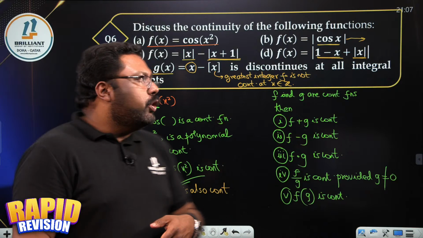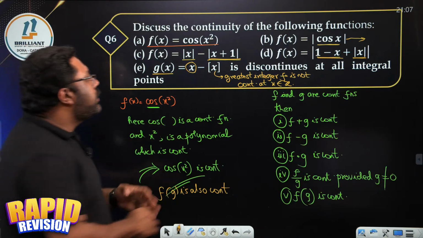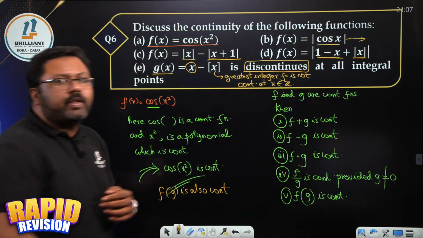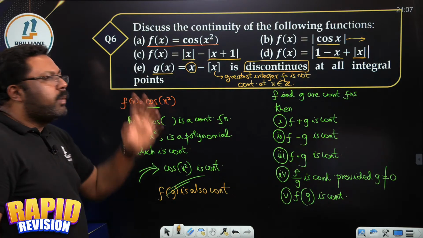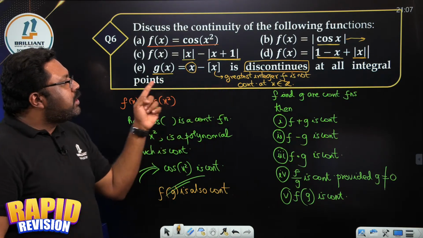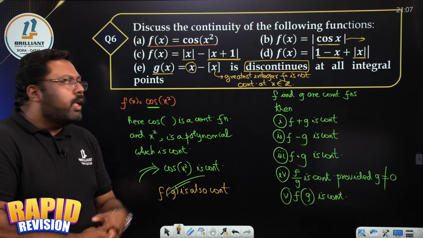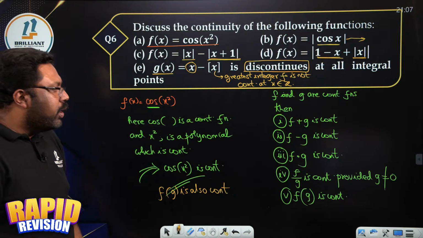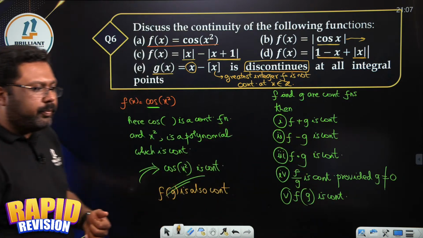So continuous minus non-continuous is discontinuous at integer points. You can look at question 6. Good questions for 2 marks, even for 1 mark also. Explanations are already given in the MCQ discussion. Please go and watch it. But this is a new concept. Please study it.